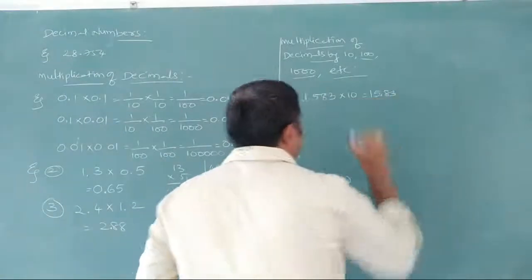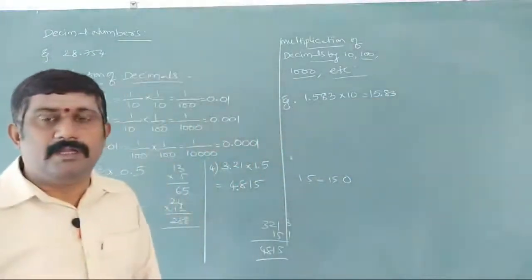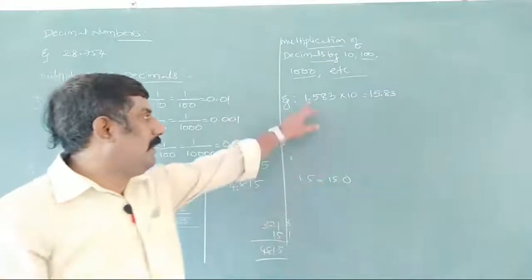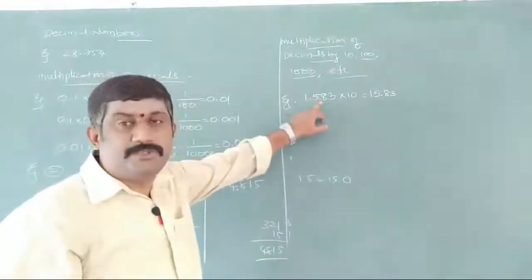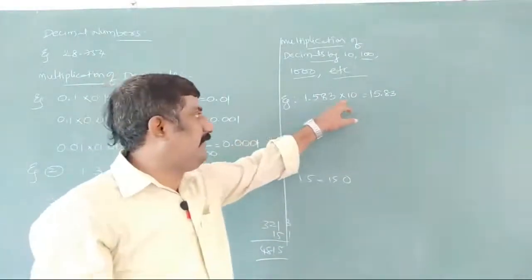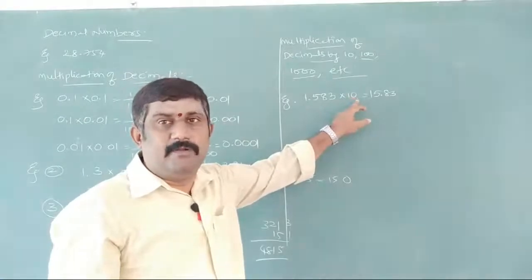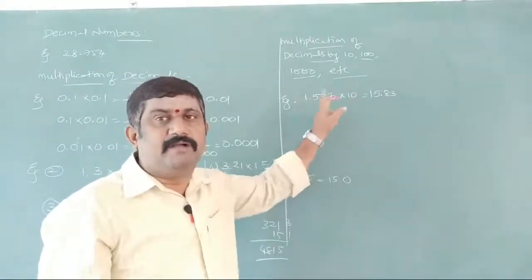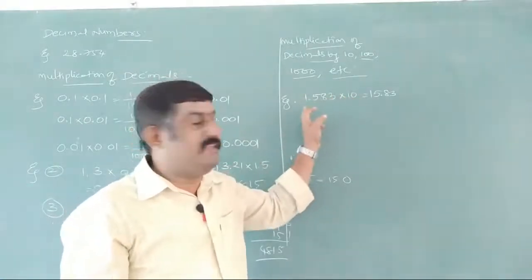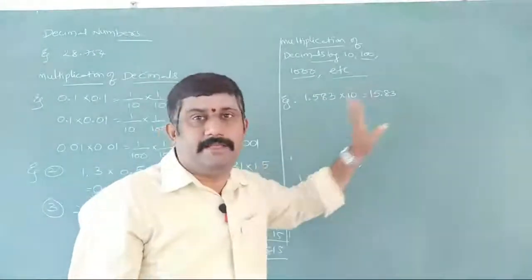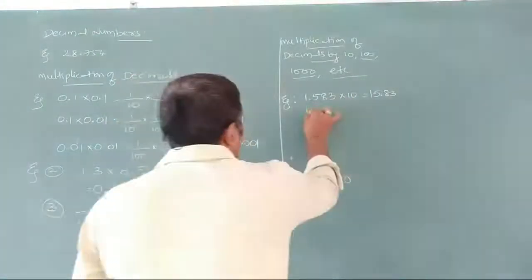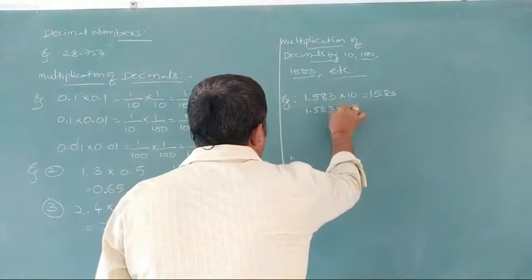So we are now writing 15.83. Observe carefully. The decimal is moving to the right side because we are multiplying with 10. So for 10, it moves one step, and we get 15.83. Let us take 1.583 into 100.